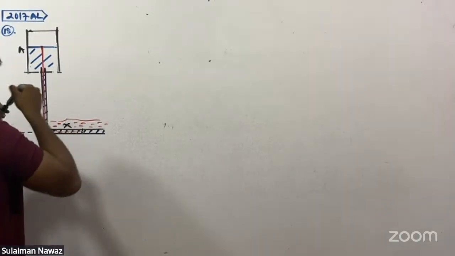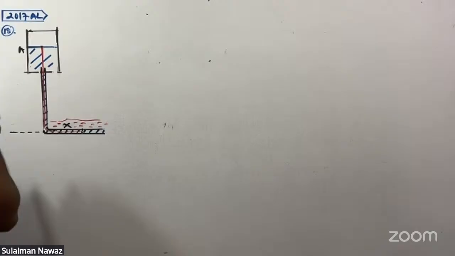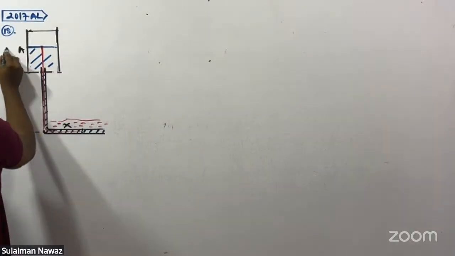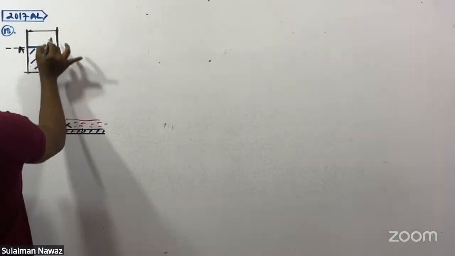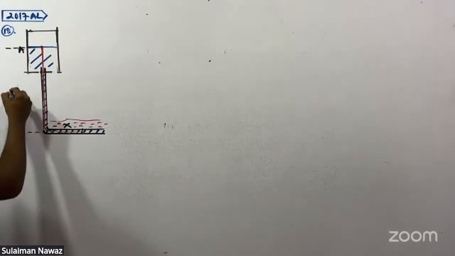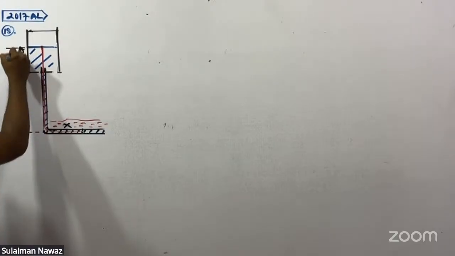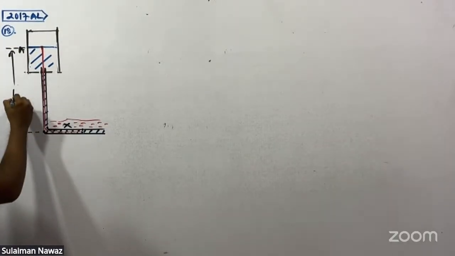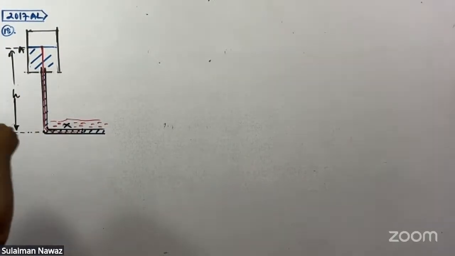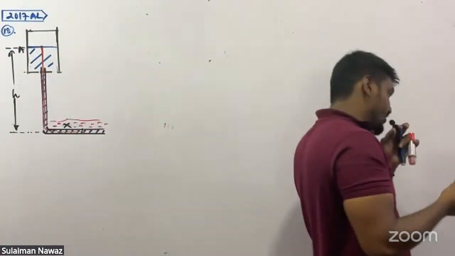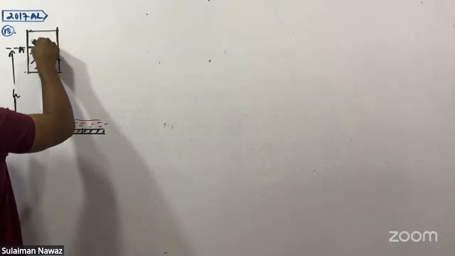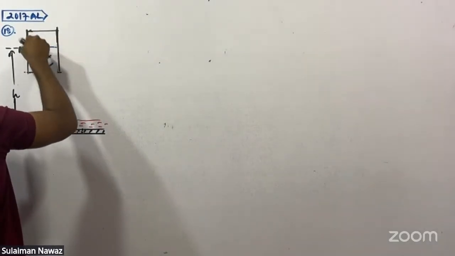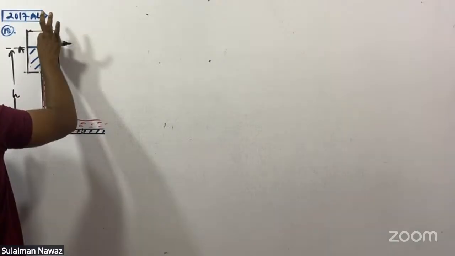They have given data. This is the height, the vertical height of the free liquid surface in the tank from this level. This is given data. Pressure above the free liquid surface: there may be air trapped at the free surface, but this tank is not open to the atmosphere.